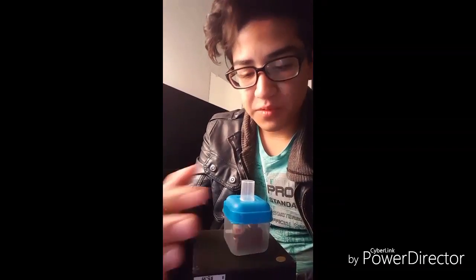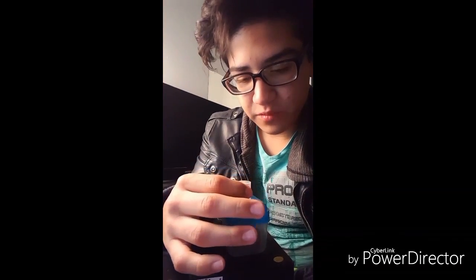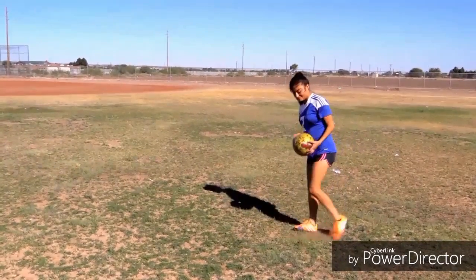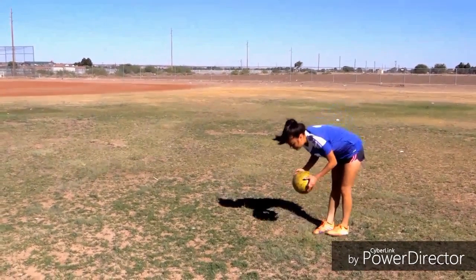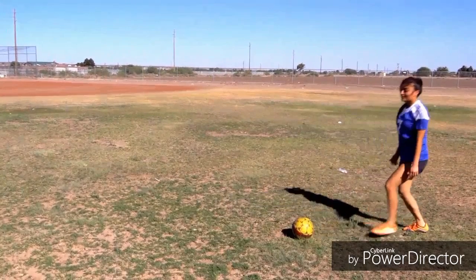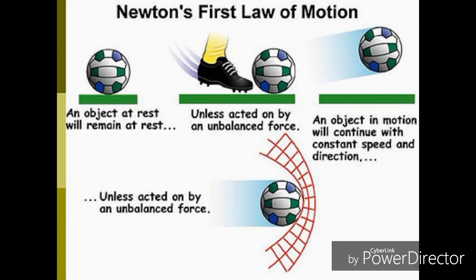Alright, so that was just one example, but if we twist the knob just a little bit, we'll have a different view and I'll be able to explain it differently. Alright, so think of a soccer ball. It is an object that is staying put, but when it's kicked, it's put into motion.